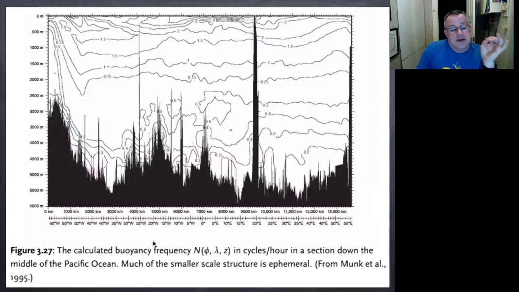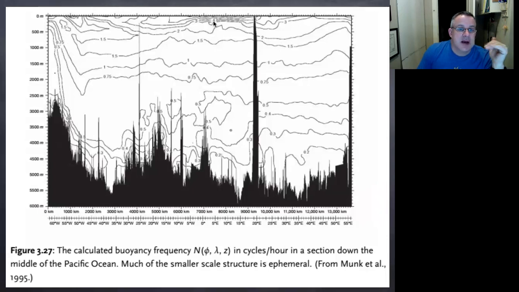So the last thing we want to cover is just what's the buoyancy frequency like? What's the stratification like? Let's talk a little bit about pressure and that kind of thing in the ocean. Here is a map from a paper by Munk in 1995 that gives you a sense that stratification near the surface is about 4 cycles per hour.